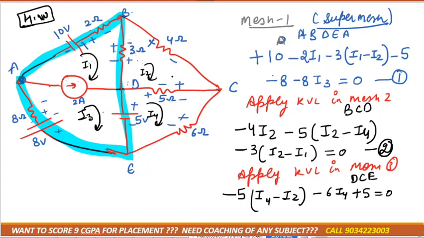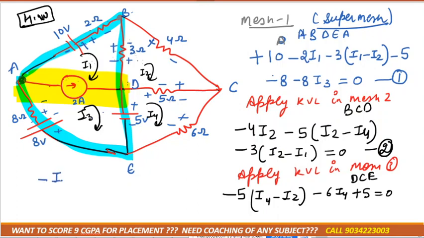Now see how many meshes are there? 4 meshes. So we need to make how many equations? We need to make 4 equations. So one equation we will directly get from the current source. As you can see, I1 direction and 2 ampere direction are opposite, right?